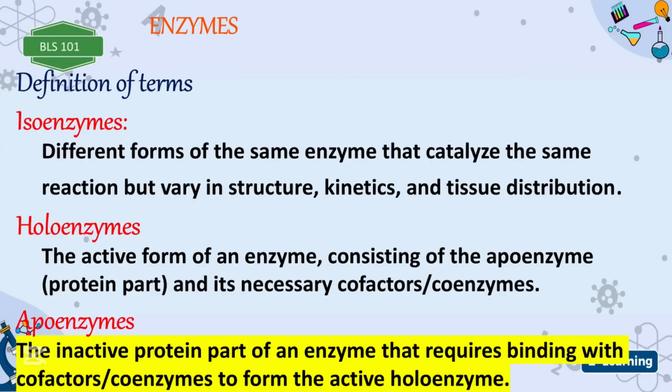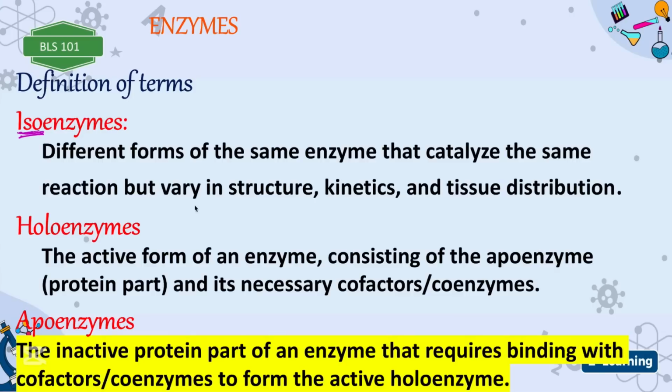All right. Now let us look at some definition of certain terms. We have what we call isoenzyme, holoenzyme, and apoenzyme. What distinguishes these enzymes? Let us look at them. Now, isoenzyme, as name implies, isomer has to do with different forms of the same compound, right?